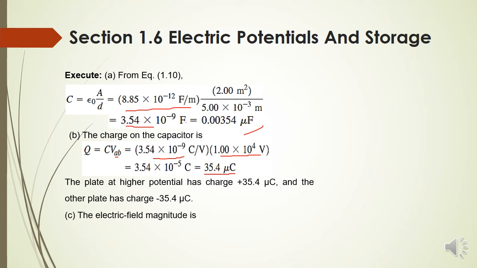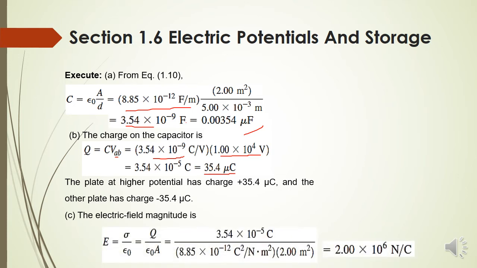The electric field magnitude can also be calculated with this equation, and since there's no sigma given, the electric field magnitude is equivalent to Q over EO times A. The charge is computed from part B, 3.54 times 10 to the minus 5 coulomb, and EO is also given, and the area is also given.